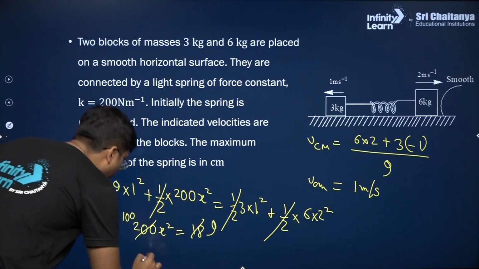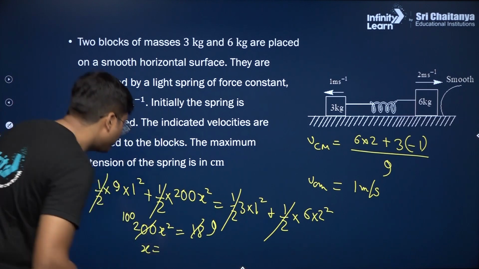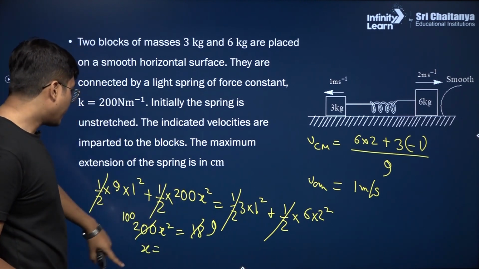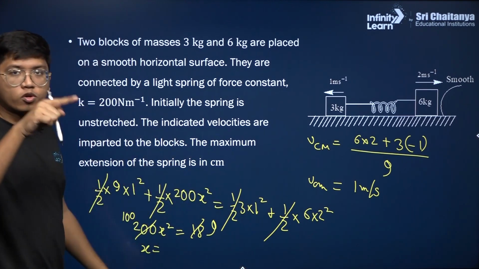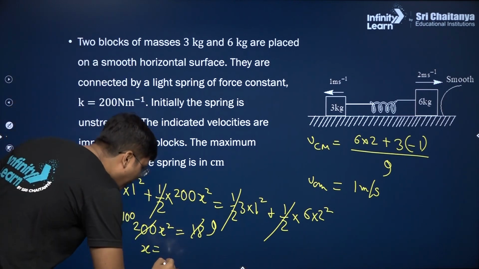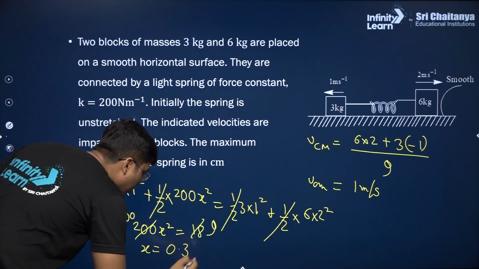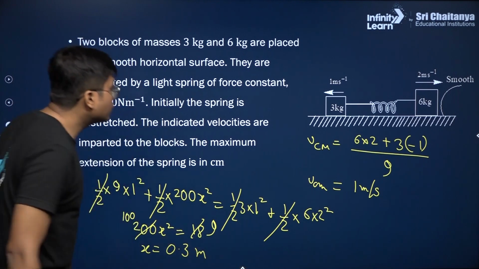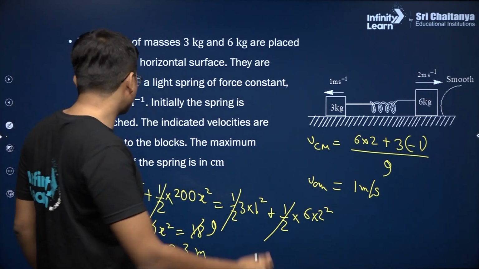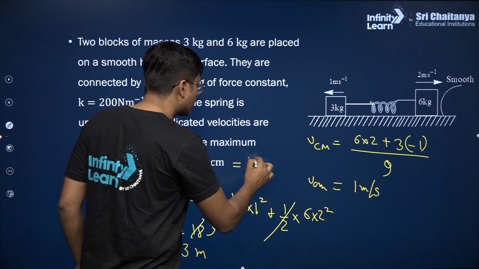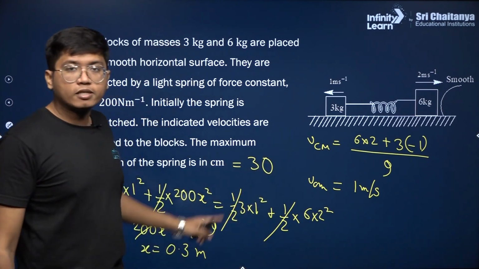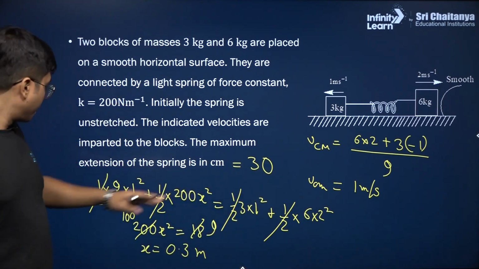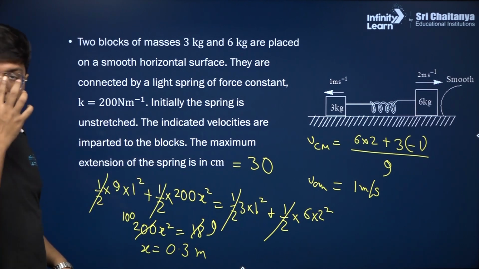So your x square becomes 9 by 100, and when you take the root of 9 by 100, that gives you 3 by 10, that is 0.3 meters. They have asked for it in centimeters, so the answer would be 30. 0.3 meters is 30 centimeters. So that is how you figure it out.